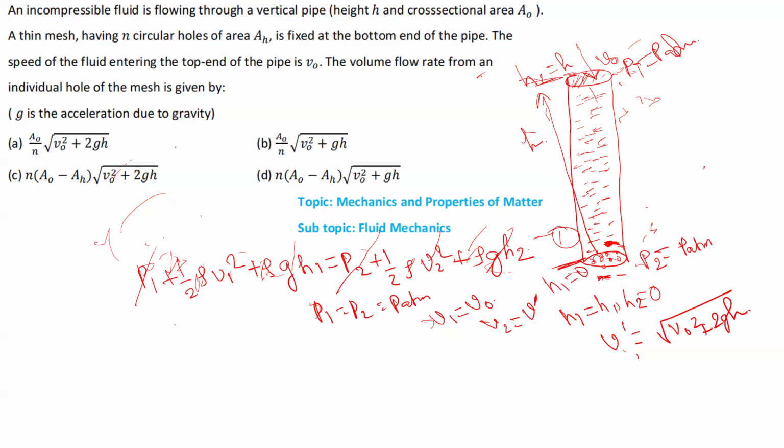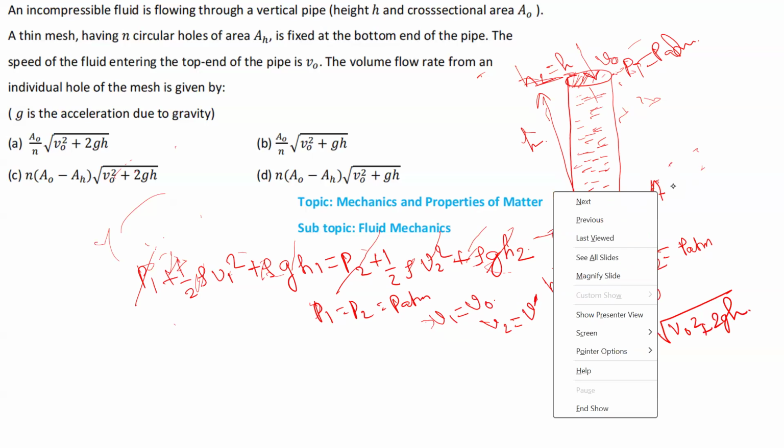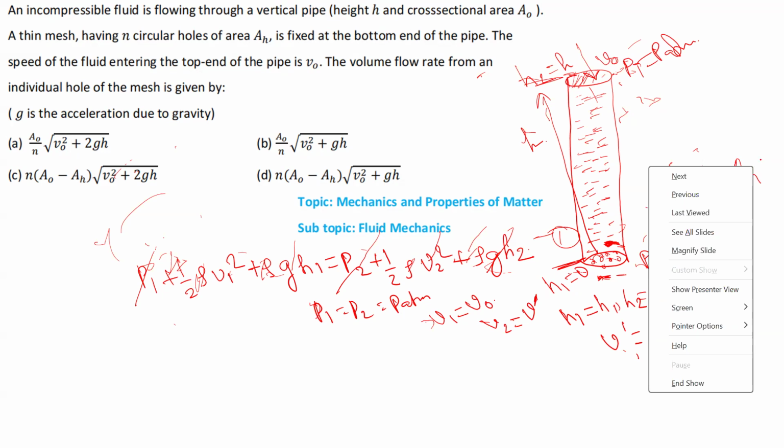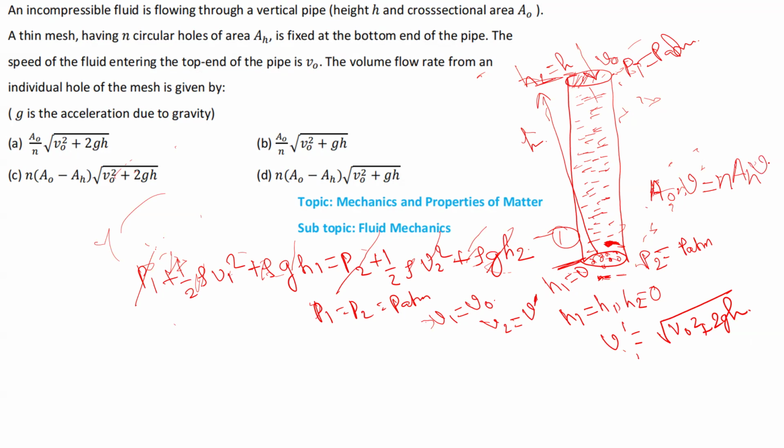Here the cross section area of the pipe is A naught, into the velocity V naught, and the fluid is going through n number of small mesh holes. So n into A H into V dash, right?